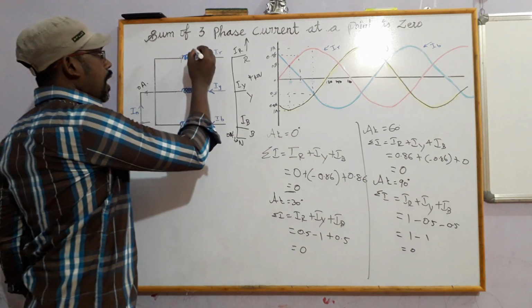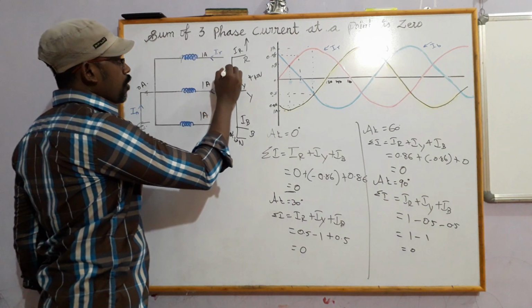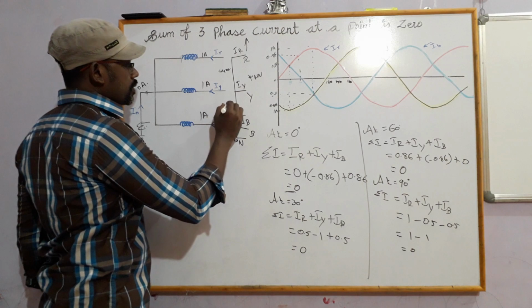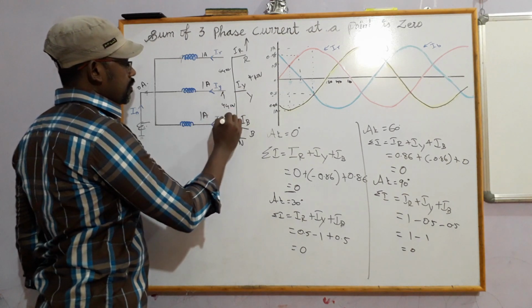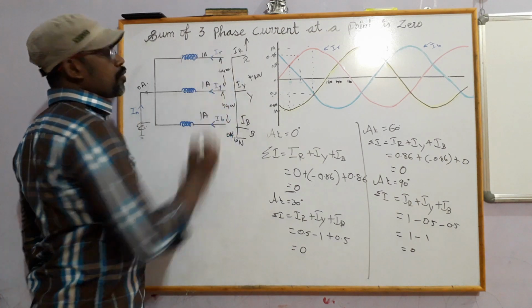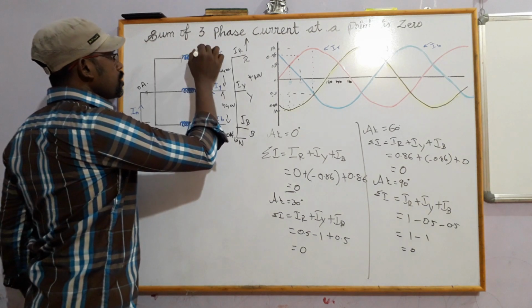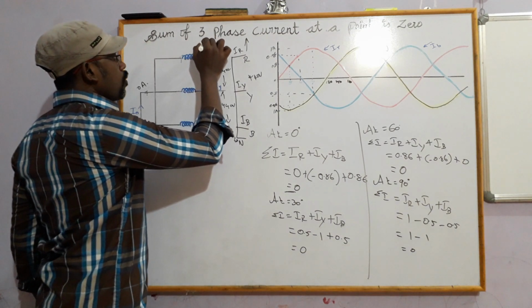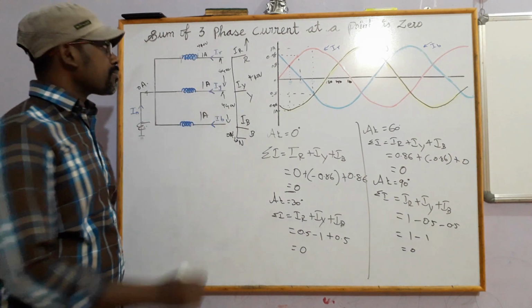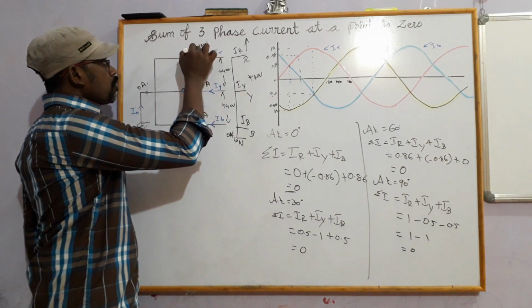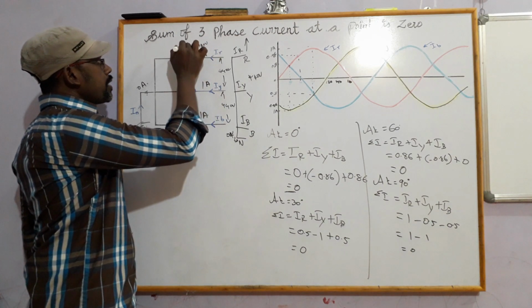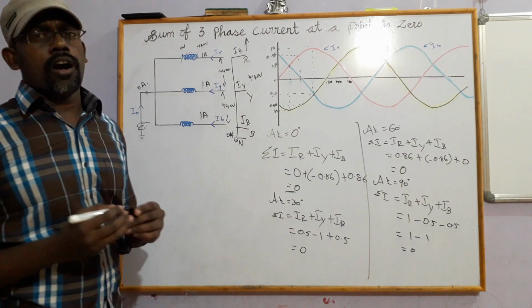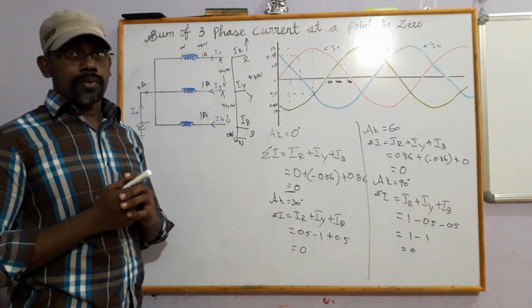Similarly here, let us consider it is a 440 volt system. At this initial point, the winding will have 440 volt. When the winding goes on, it will drop the voltage, and at this point it will have almost zero voltage.